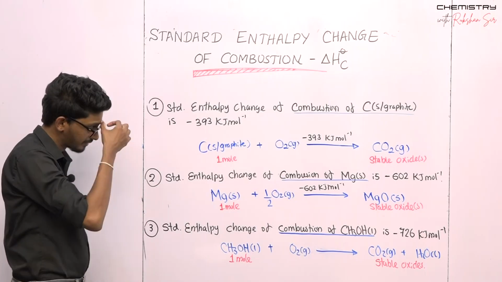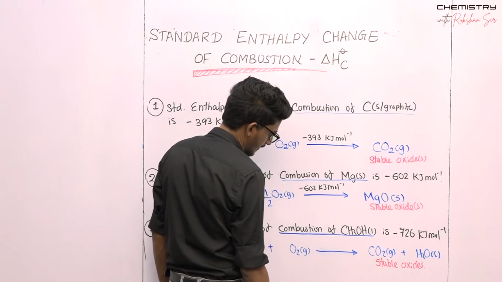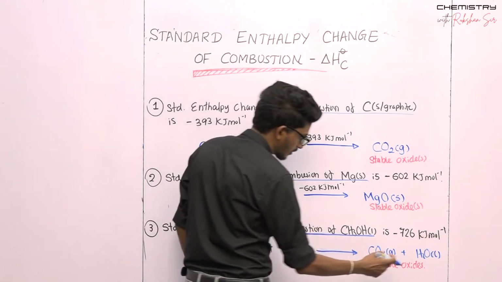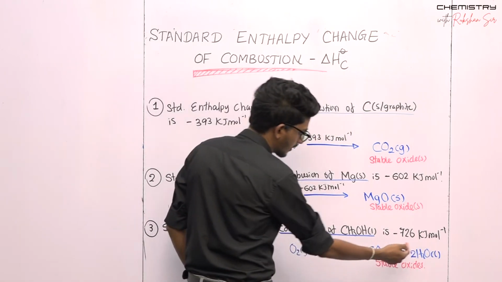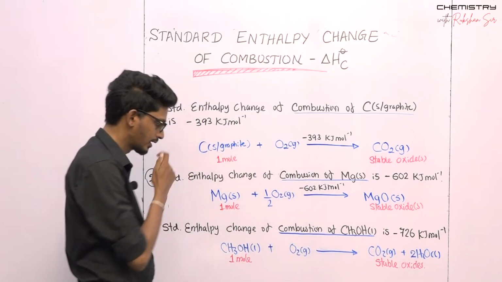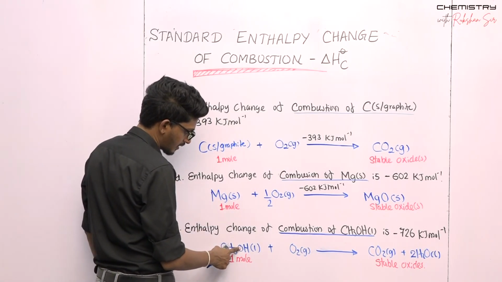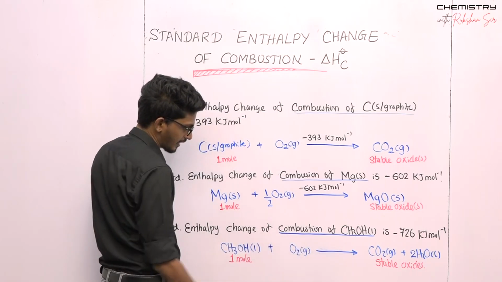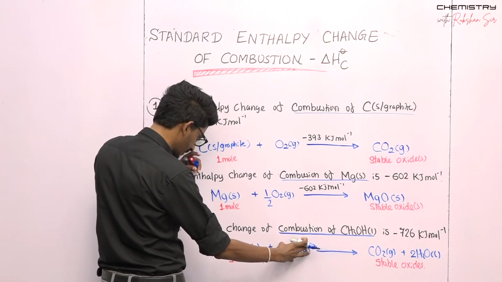Right? Now we need to balance this. 1 carbon appearing means just 1 carbon should be there as well. And 4 hydrogens are appearing, so to give 4 hydrogens, you need 2 here. Right? And altogether 2 oxygens are appearing, 2 and 2, another 4 oxygens appearing at the right hand side. As you have 1 oxygen here, this should represent 3 oxygens, as altogether 4 oxygens should be there. 1 is here, so this term should represent 3 oxygens.